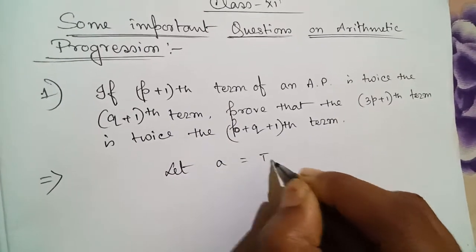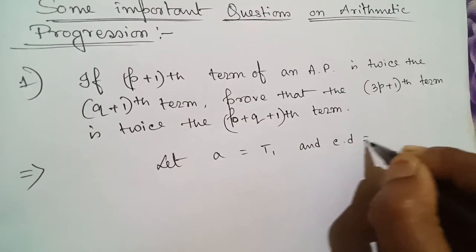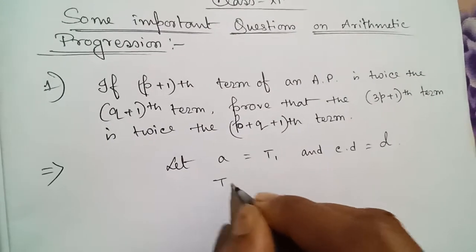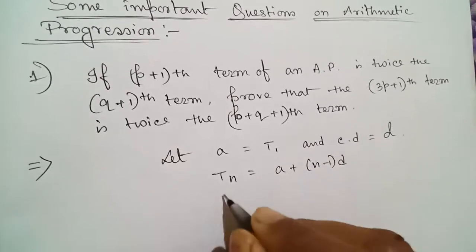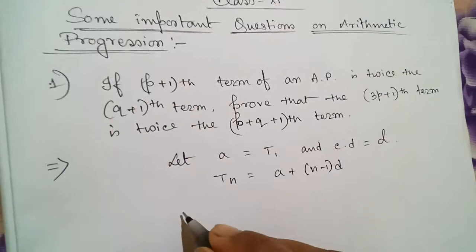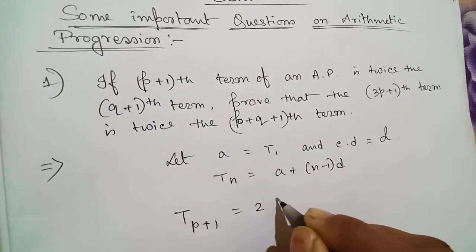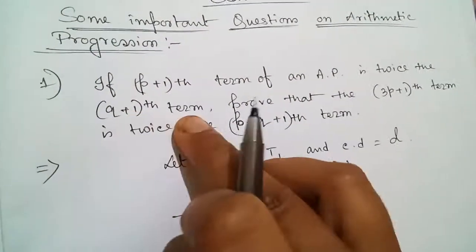A equals T1, that means the first term, and the common difference equals D. Tn equals A plus n minus 1 into D. This is the formula. Now, from the question we are getting T of P plus 1 equals twice T of Q plus 1, right? From the first statement we are getting this.